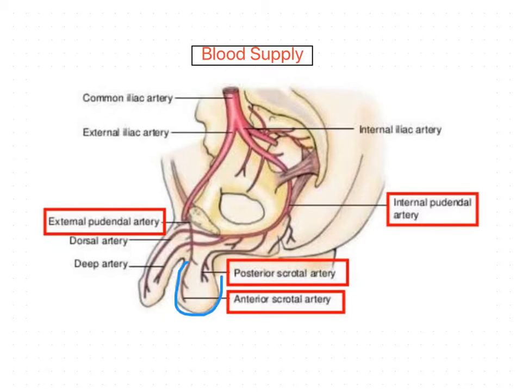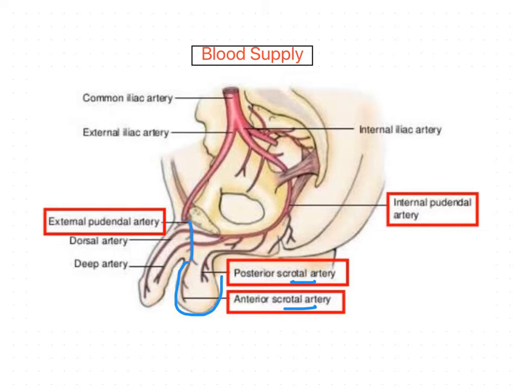The scrotum is supplied by the superficial external pudendal artery, the deep external pudendal artery, scrotal branches of the internal pudendal artery, and also the cremasteric artery, which is a branch of the inferior epigastric artery.